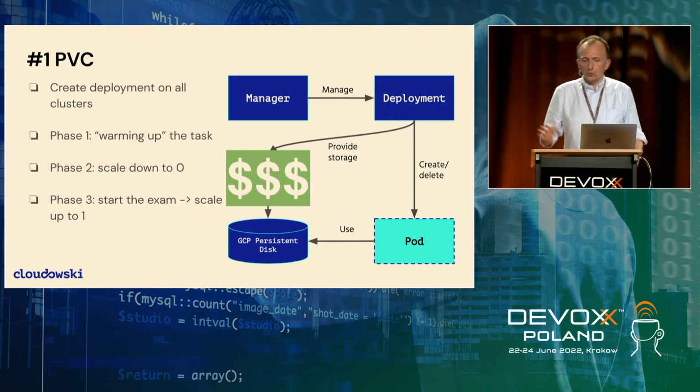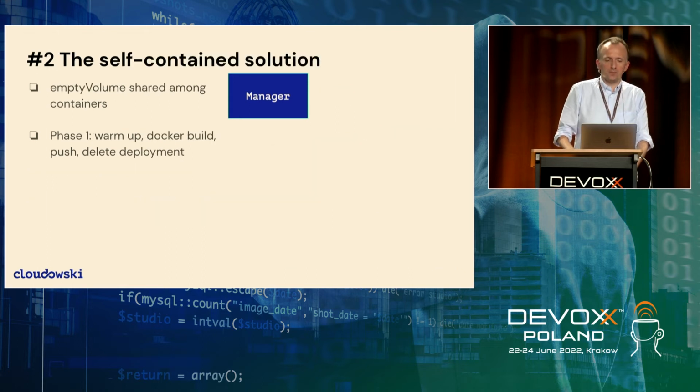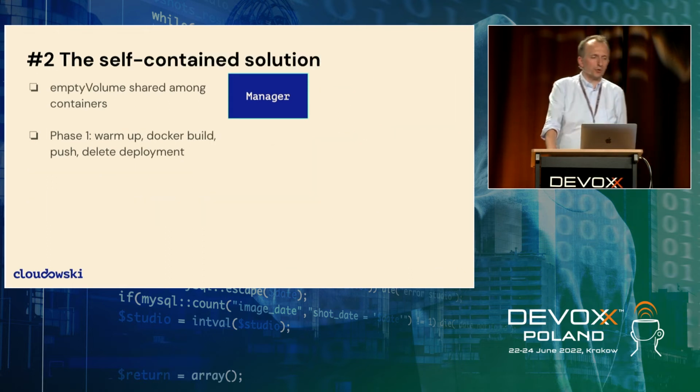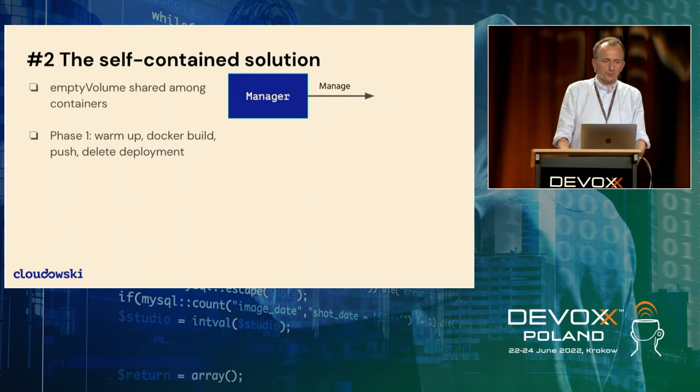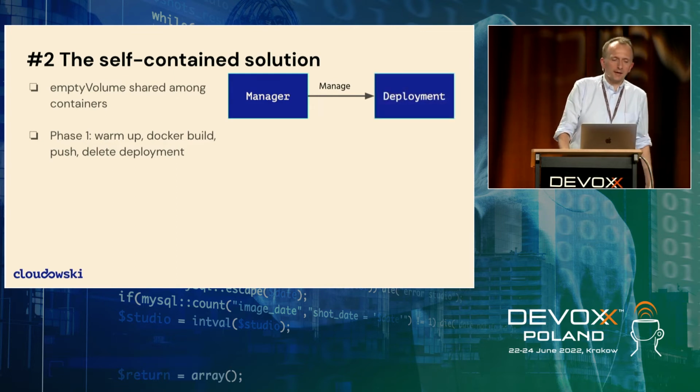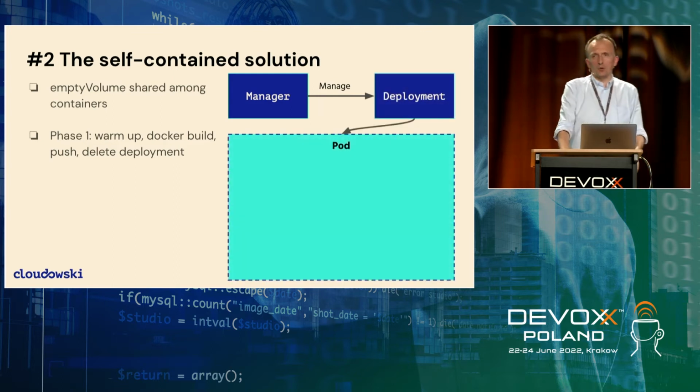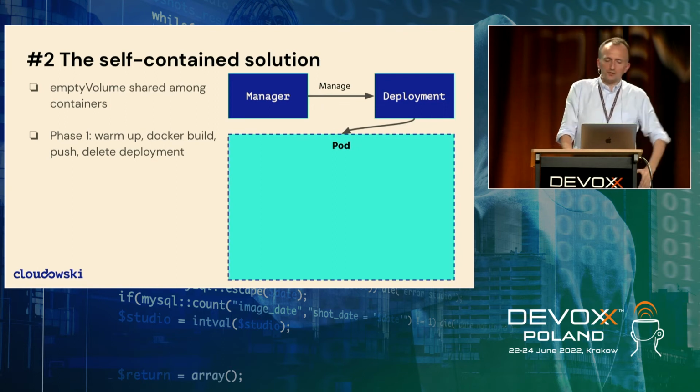So we came up with something else, with a different solution. It is called the self-contained solution because we put everything in it. We used only the Kubernetes API to create such a huge number of container images. So the manager creates a deployment, and the deployment, of course, creates a pod.